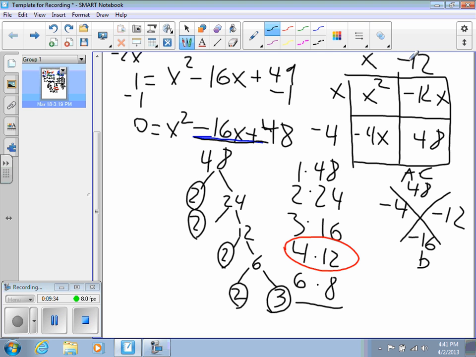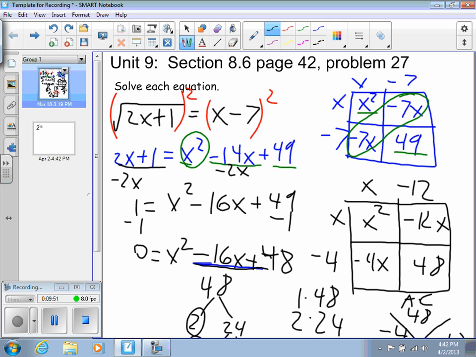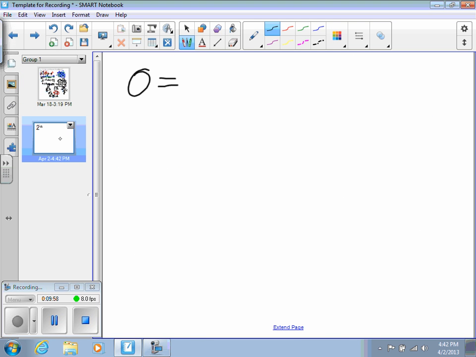So let me now rewrite my equation in factored form. And I'm going to take it over onto another page here. So I now have 0 equals, and if I come back here, I will see it was x minus 4 times x minus 12.